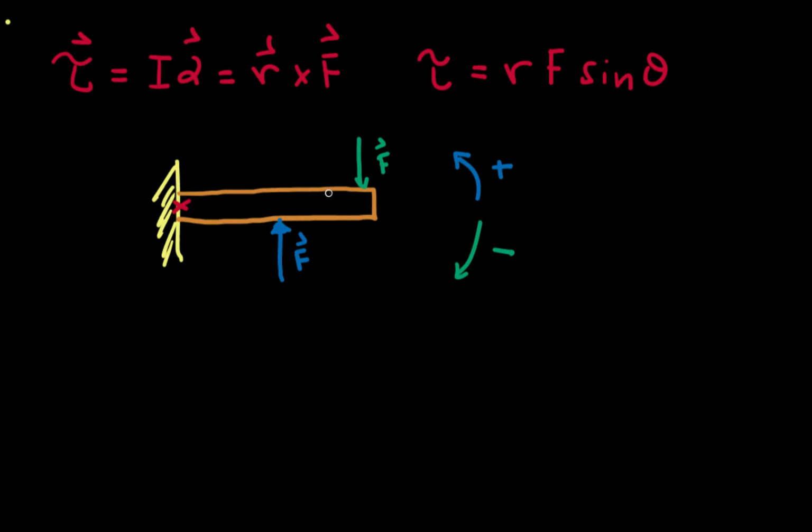So how do we decide how this door is going to behave? You might think that whoever has the greater force here wins, but that is not quite true. Let's say, what do you think would happen if the forces were the same?